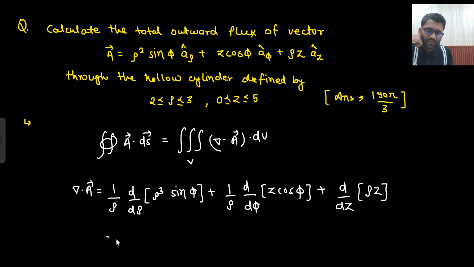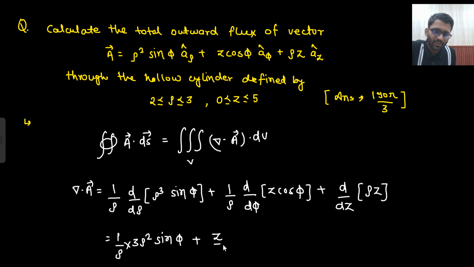Okay, so 1 by rho 3 rho square sin phi plus z by rho. What is the differentiation of cos phi? Minus sin phi. So this sign will be minus, plus rho will come outward. So this is the answer you are getting.